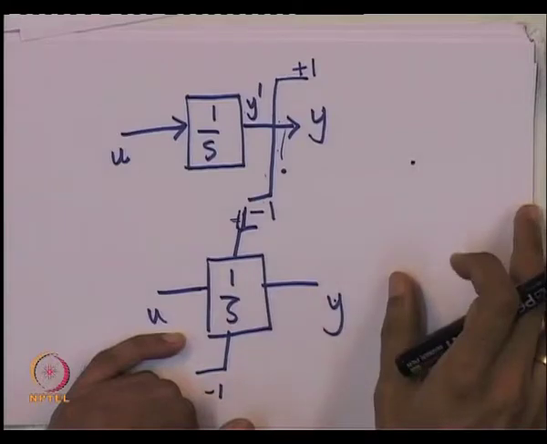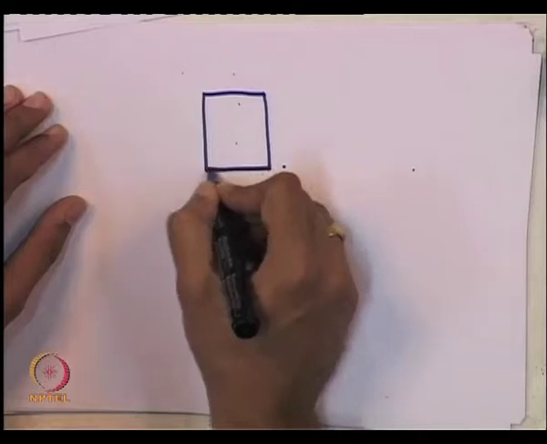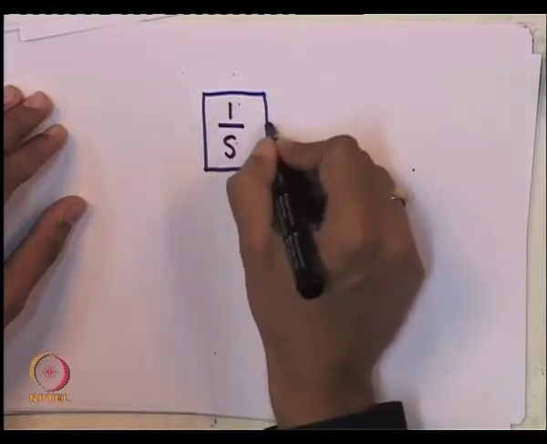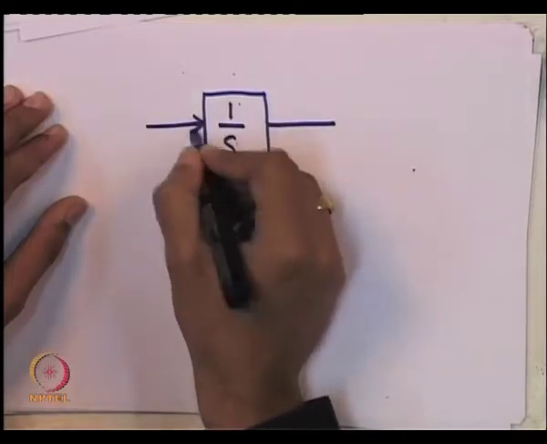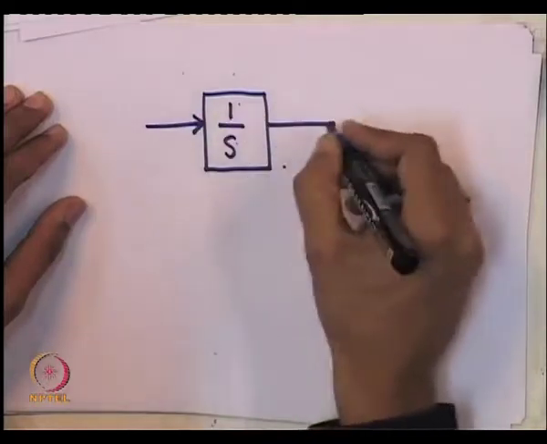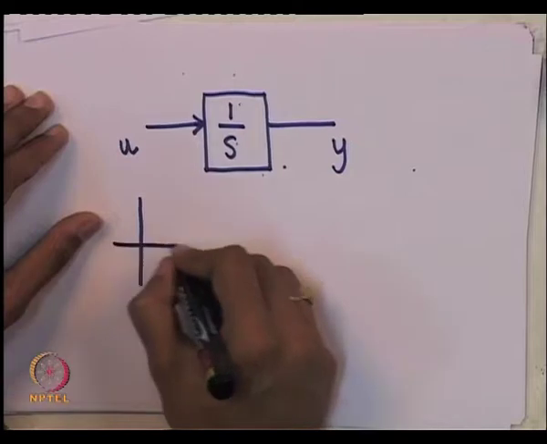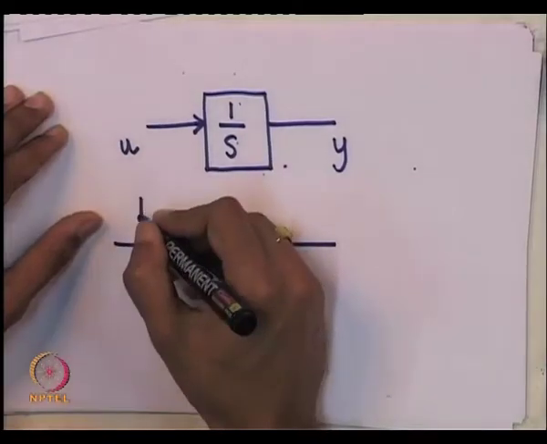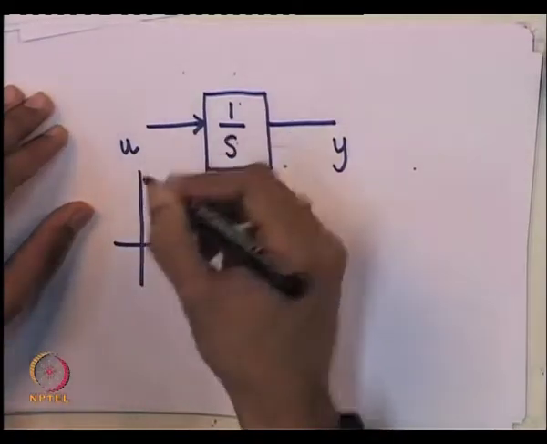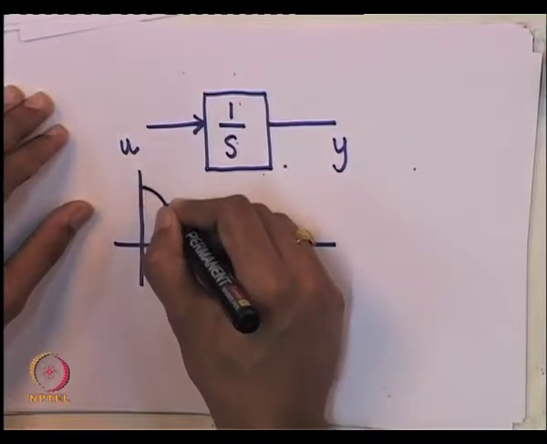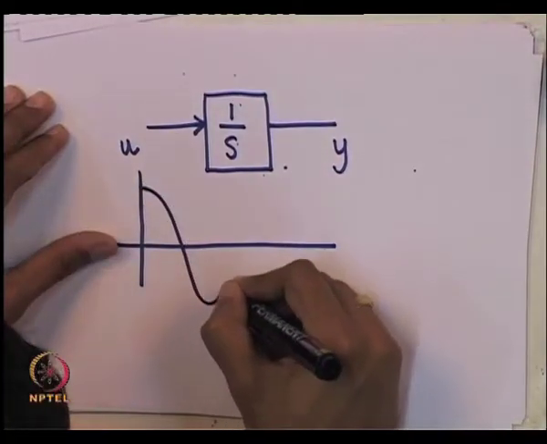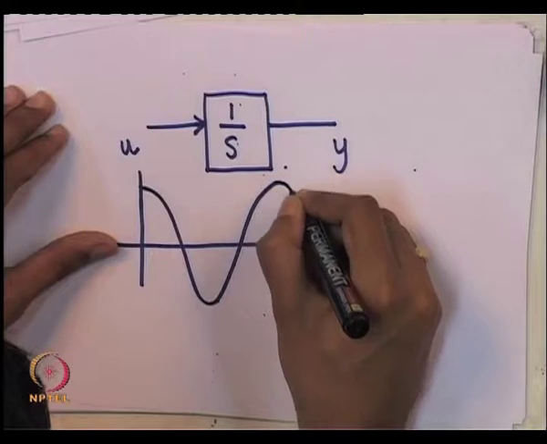You can take, say, an example of a simple system like this. Okay. So, if I have got an integrator and I am trying to integrate an input u, say u is cos omega t. Okay. So, let us assume that this integration has been going on for a while. Suppose u is cos omega t.